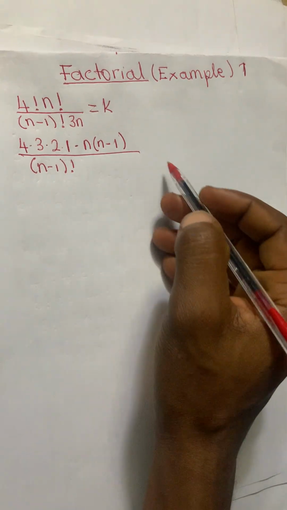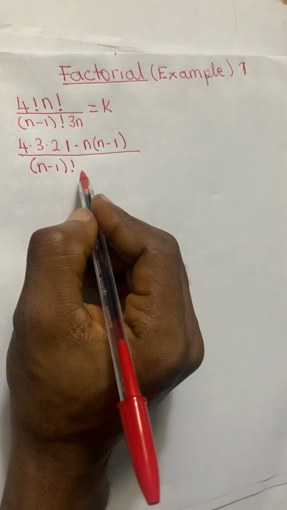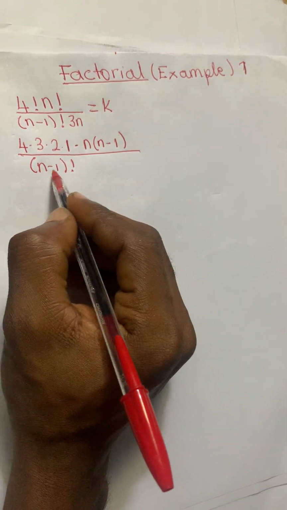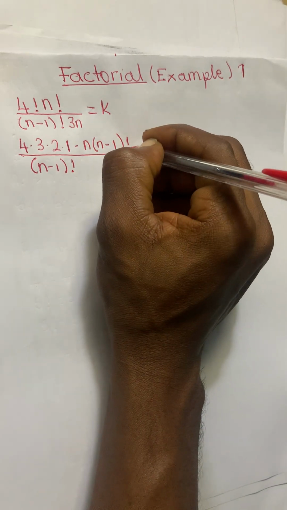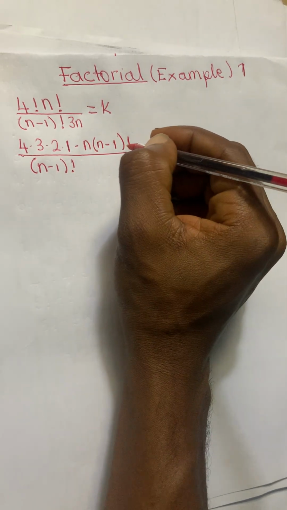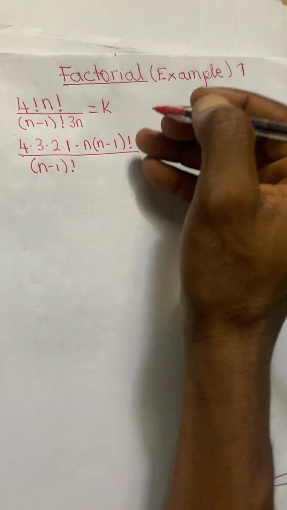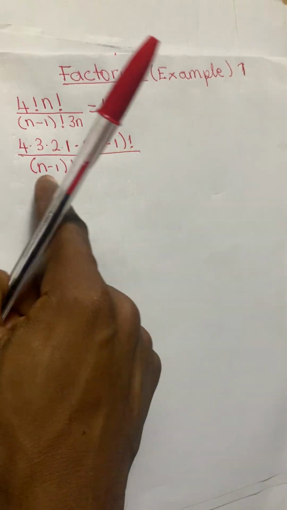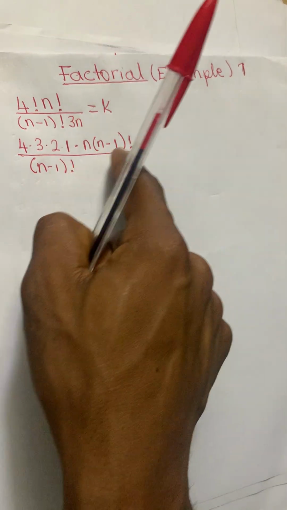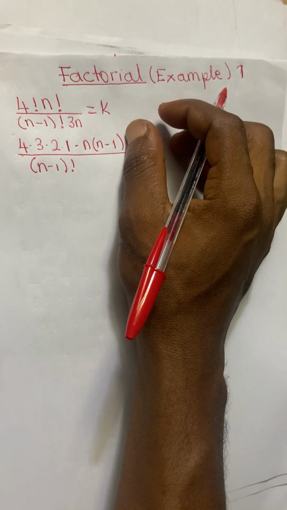We can continue with n minus 1, n minus 2, but for the purposes of doing away with (n minus 1) factorial, we just have to introduce the factorial sign here. We could continue getting n minus 2, n minus 3, but since we want to cancel out (n minus 1) factorial, we just end here. But you cannot end without the factorial sign.